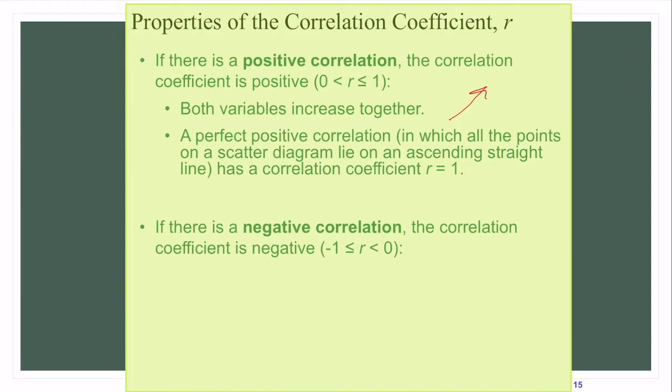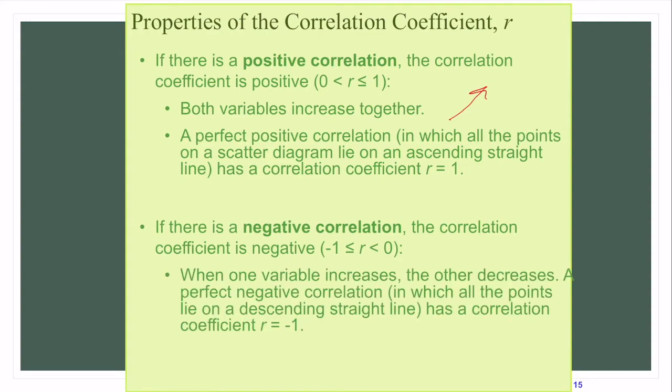If it was equal to 0, there'd be no correlation. And when one variable increases, the other decreases. So we've got something that looks like it has negative slope going downhill. And if all the points line up perfectly on a descending straight line, it has correlation coefficient R equals -1. Ooh, that's a mouthful. Correlation coefficient.